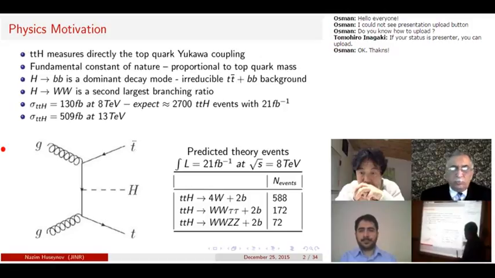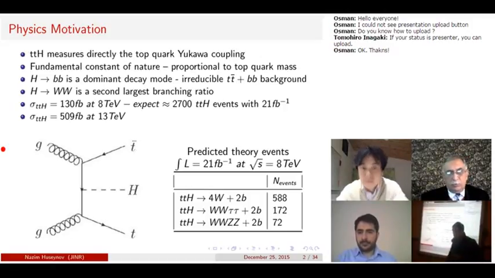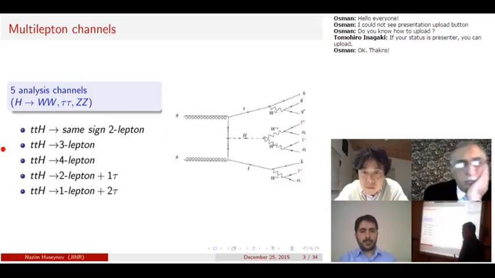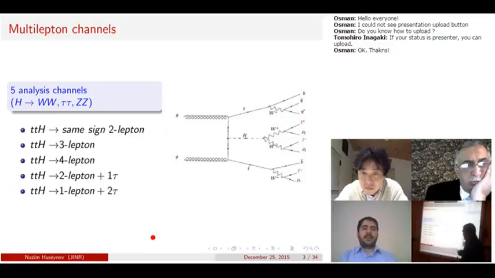So in ttH we have 5 channels, where the Higgs decays to WW, tau tau, and ZZ. These are ttH to same-sign leptons, ttH to 3 leptons, ttH to 4 leptons, ttH 2 leptons plus 1 tau, and ttH 1 lepton plus 2 tau. On the right side of the slide, you can see the same diagram for ttH to 3 leptons.